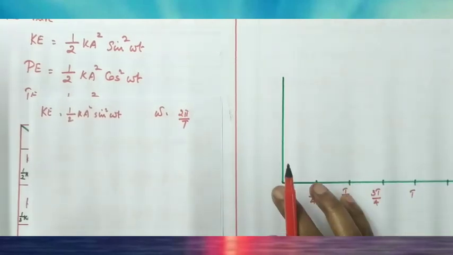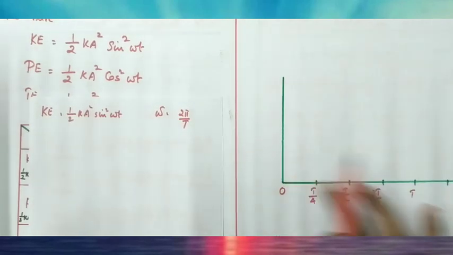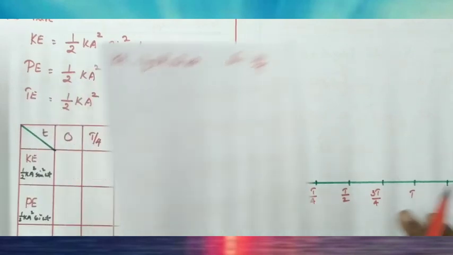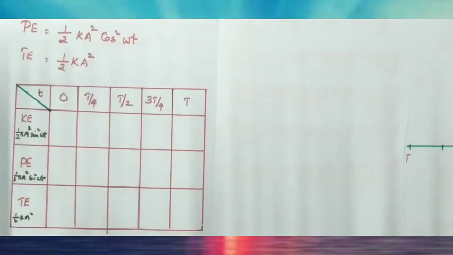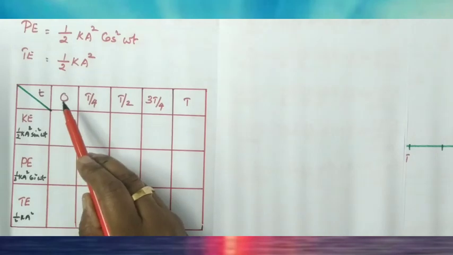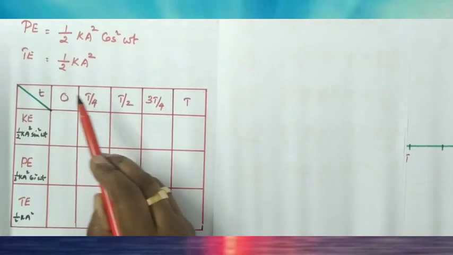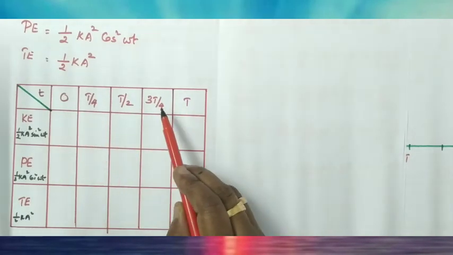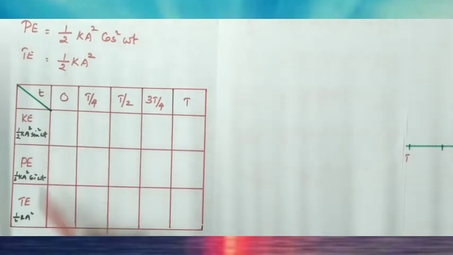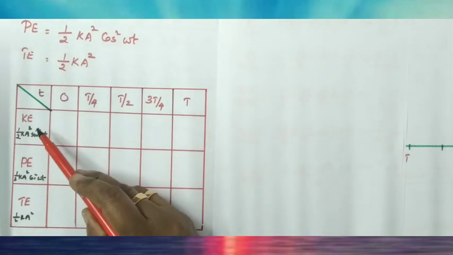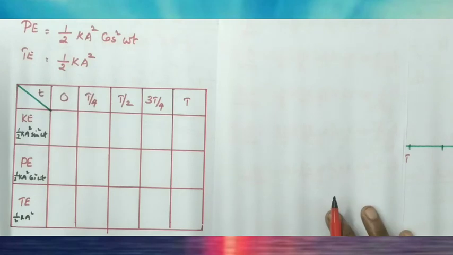For that we can consider the same table. Here the time can be considered as 0, T by 4, T by 2, 3T by 4 and T.